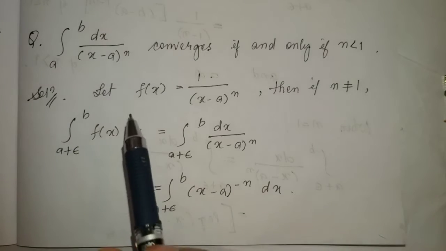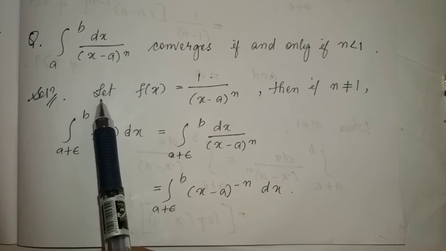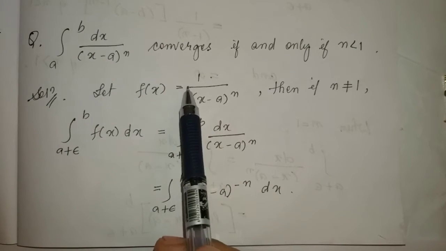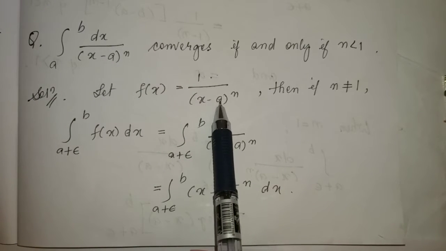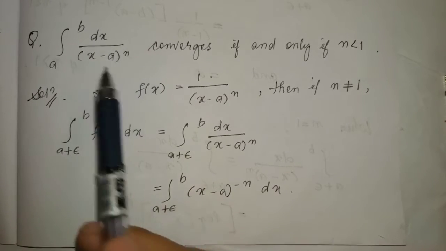I'll explain from the note itself. Let the function f of x equal 1 by x minus a to the power n. So it is this function itself.